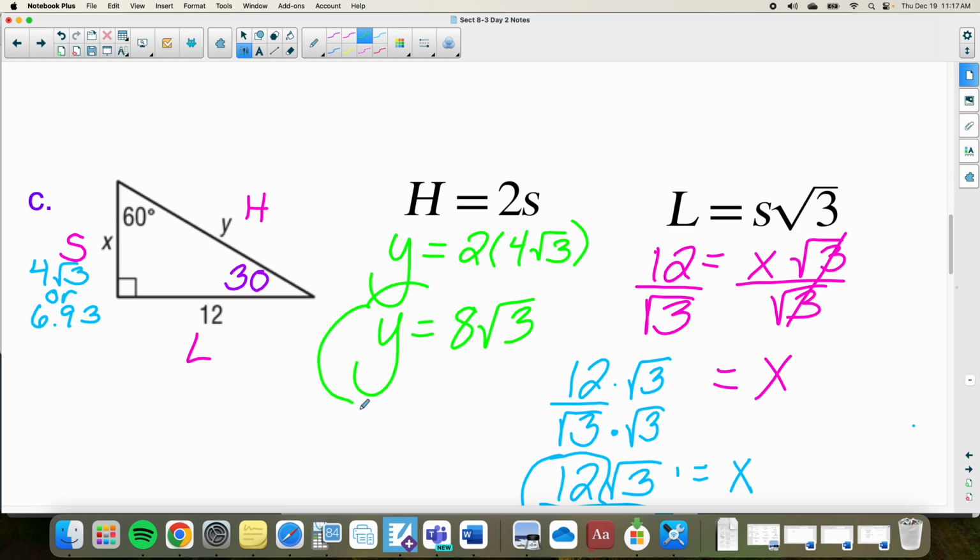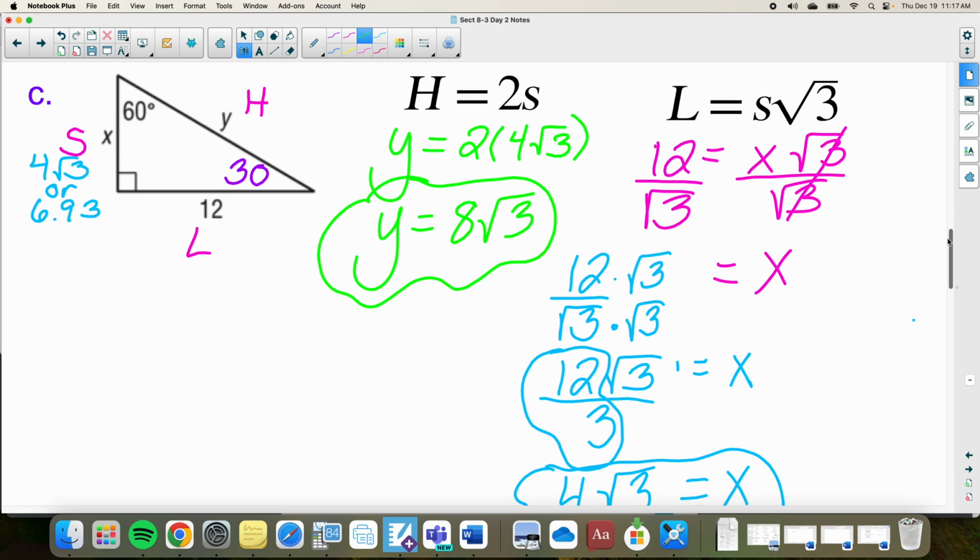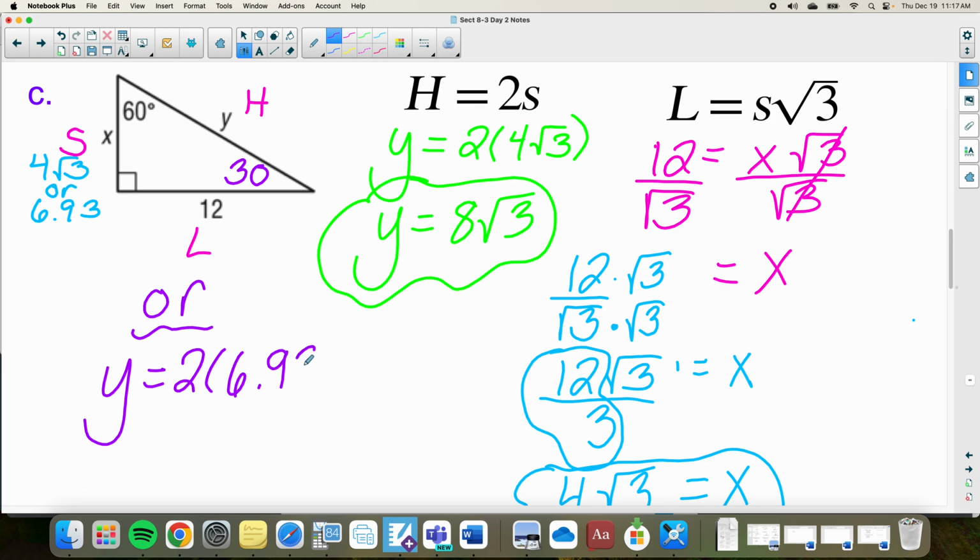If you did it the other way, okay, if we did it the other way, y would equal 2 times 6.93.